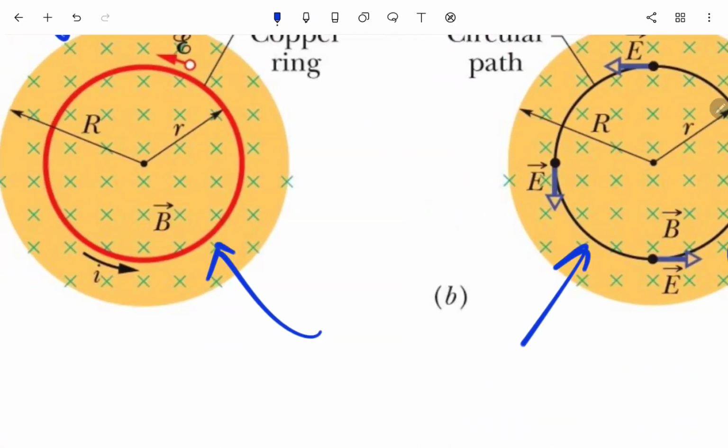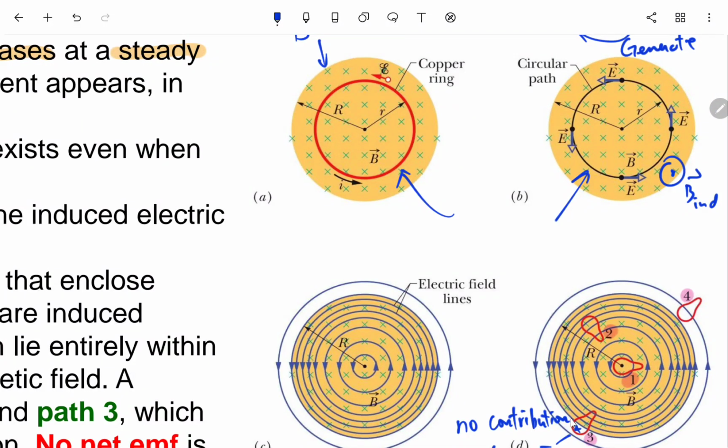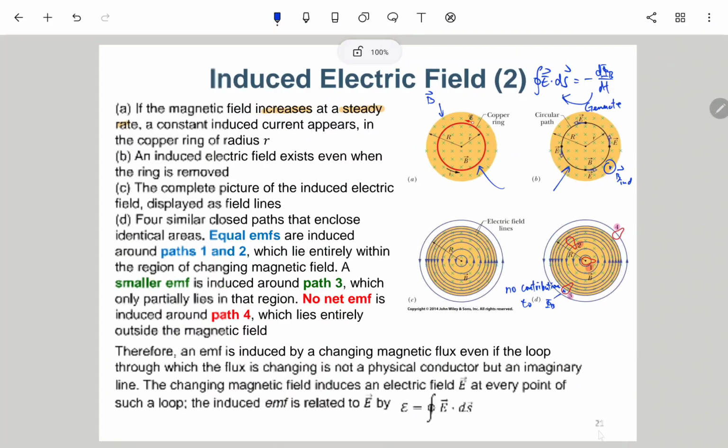So the EMF generated along this path 3 will be smaller.